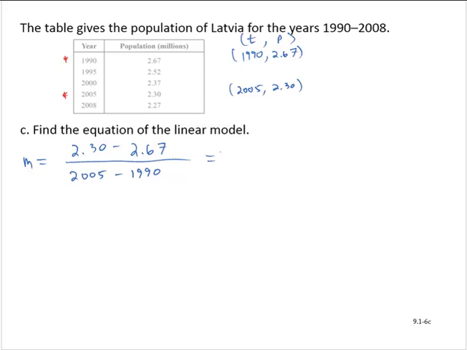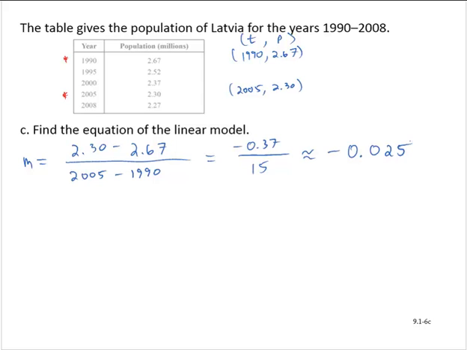And so 2.3 minus 2.67 is negative 0.37. And 2005 minus 1990 is 15. So dividing, I get approximately negative 0.025. And I round it there.